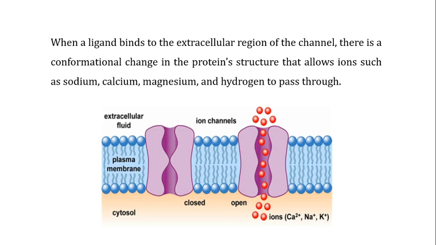When the ligand binds, it causes a change in the conformation of the receptor, and then the ions can get into the cell, or they can go out of the cell.